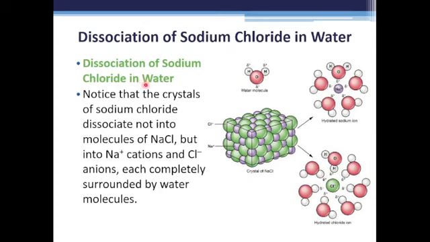Let's look at what happens when ionic compounds like NaCl dissolve in water. We will use sodium chloride, or table salt, as an example. Table salt is held together by ionic bonds between Na plus ions and Cl minus ions. This is a water molecule.